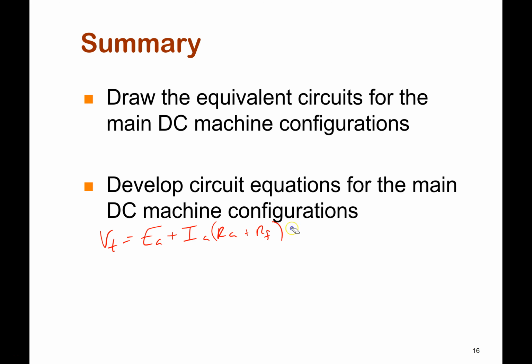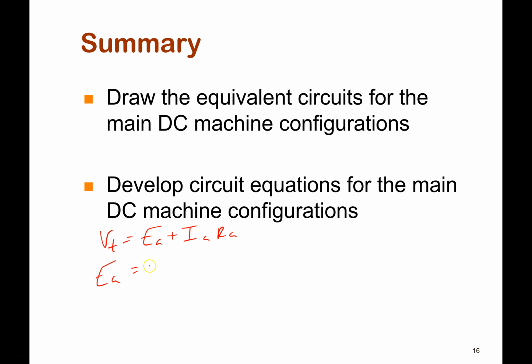If we don't have the series configuration, then it's just RA, shunt or separately excited. We also know that EA, the armature voltage, is the voltage induced by the rotation of the conductors in the magnetic field.